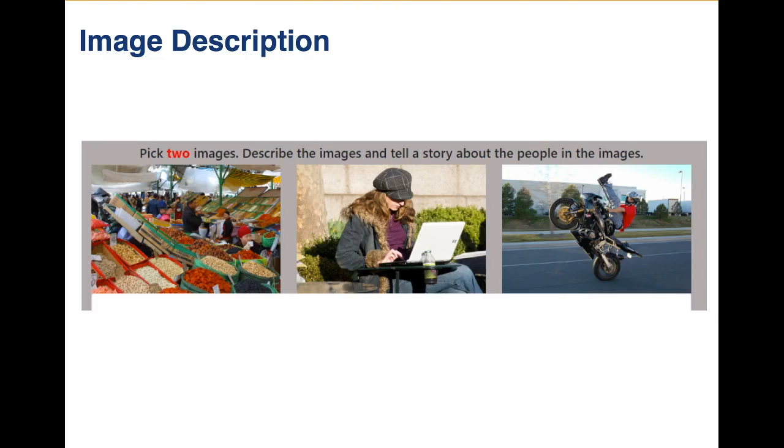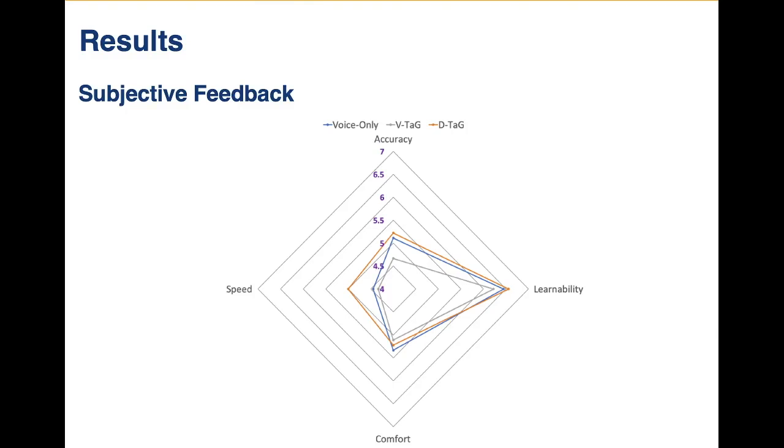This was a free text formation task, and while they were transcribing the text via voice, they had to correct errors. We performed a subjective feedback for the image description task. As can be seen, D-tag performed better in speed and accuracy against all the other edit methods.